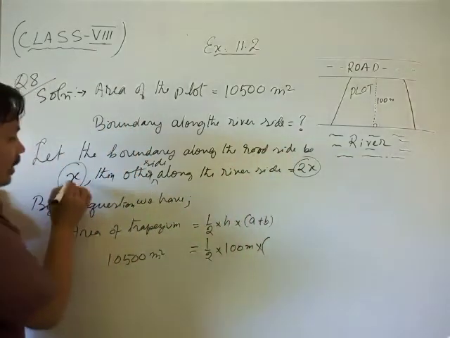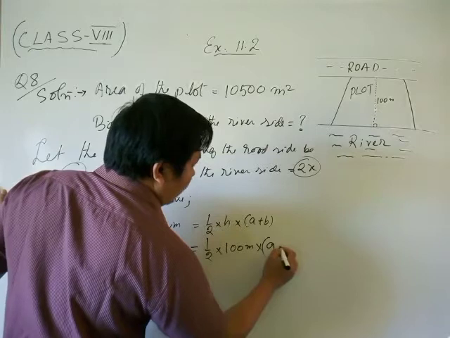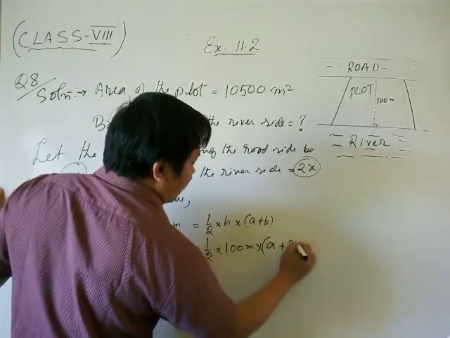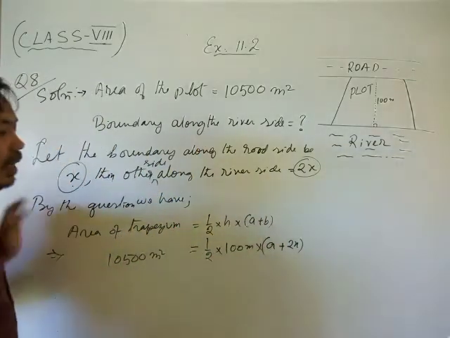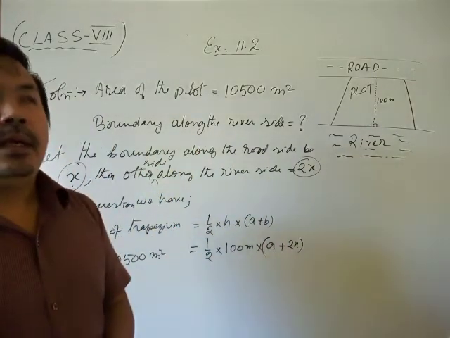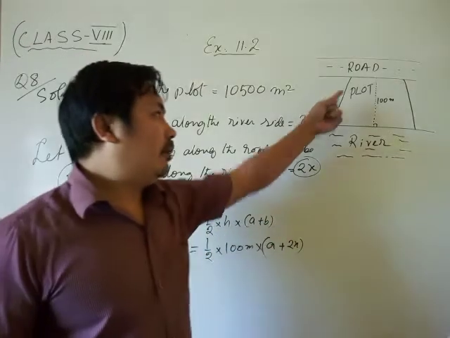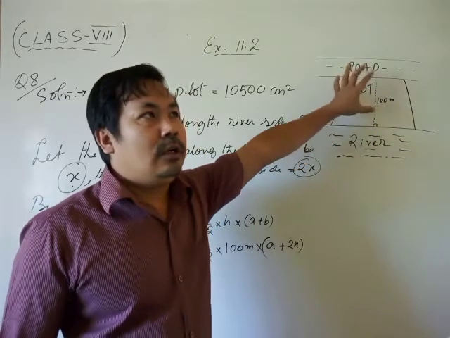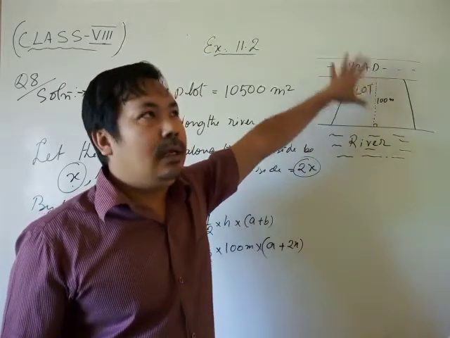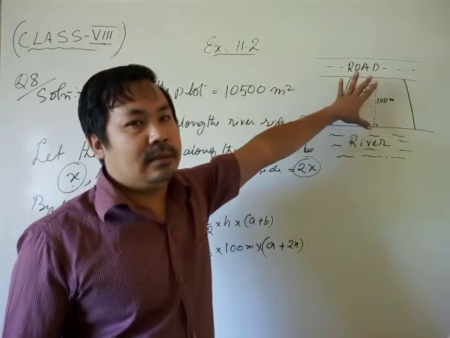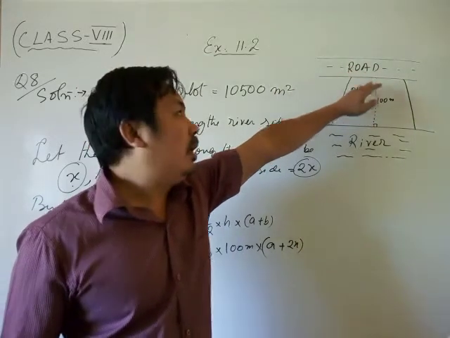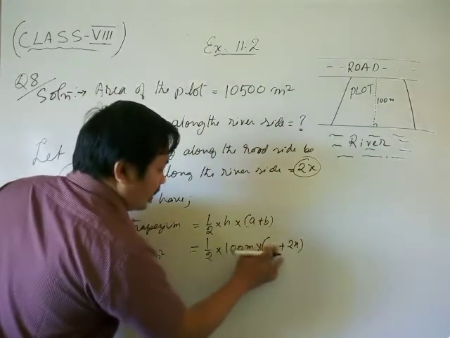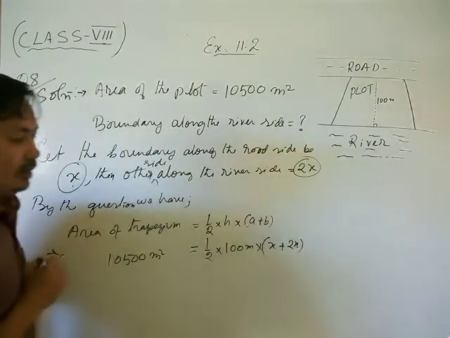Let A be x and B be twice x, because A plus B is the sum of the two parallel sides. So it should be x plus twice x.